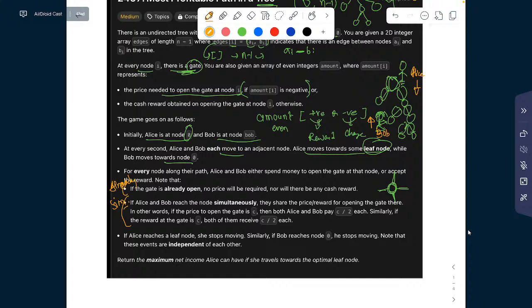However, what I see here is that Alice will follow some path. This is the path followed by Alice. It is downward, to some leaf node here. Then Bob will have some path.